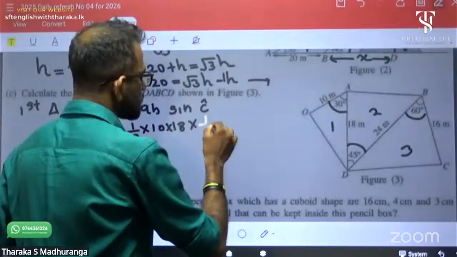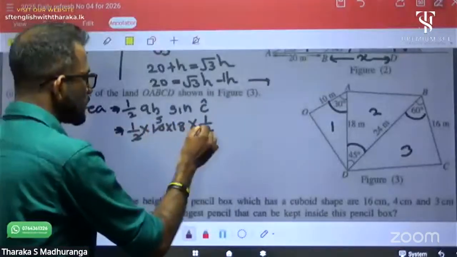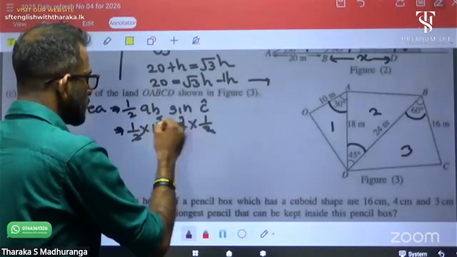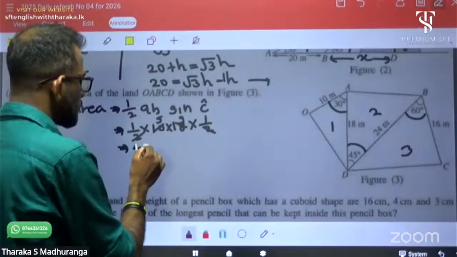Sin 30 is half. Cancel, and we get 40 square meter.